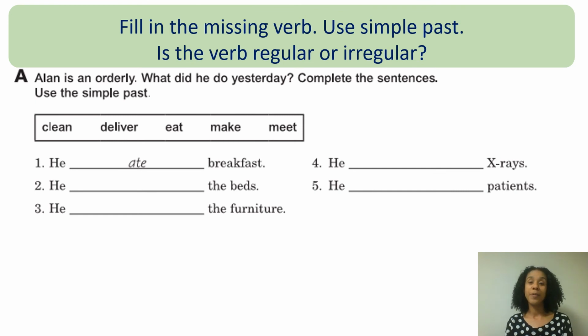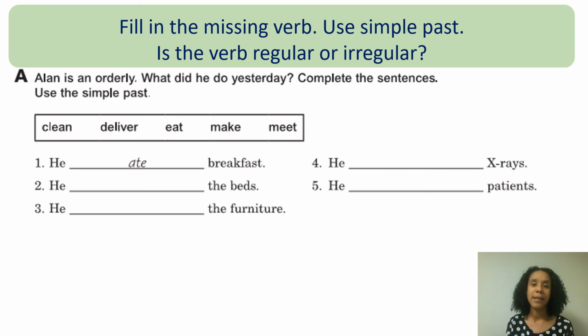Use the simple past. So we will complete these 5 sentences using the words in the word bank and putting those words in simple past. Right now, the verbs are in the base form. You need to fill in the blanks using simple past.